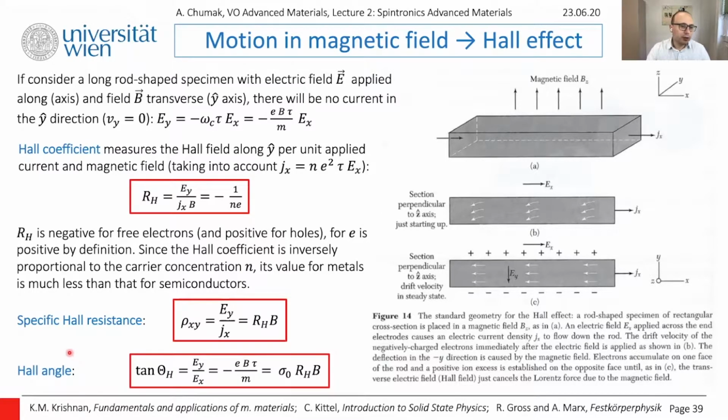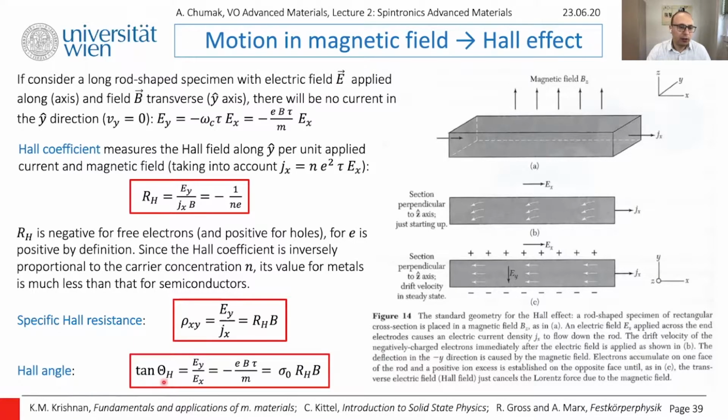And now I would like to introduce two more parameters, which we will also need later. First of all, the specific Hall resistance, which you can find as the ratio of this Hall electric field divided by current. So without the magnetic field, you can find the resistance as the Hall coefficient multiplied by the applied magnetic field B. And there is also an important parameter, the Hall angle, which you can define in the following way.